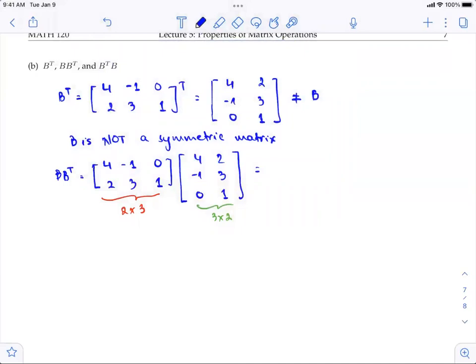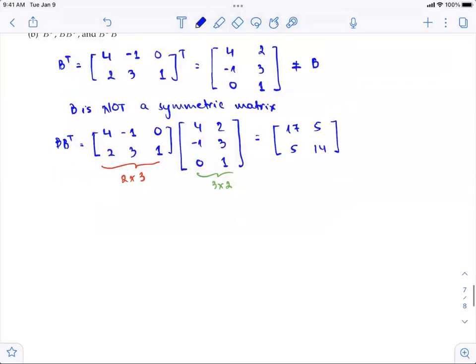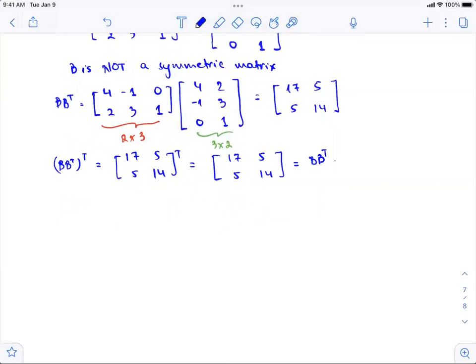And if you do the calculations correctly, you will obtain the matrix of the form 17, 5, 5, 14. Okay. And if you take the transpose of this, you get 17, 5, 5, 14 transpose, which is going to be the same as B times B transpose. Okay. And therefore, you conclude that B times B transpose is a symmetric matrix.